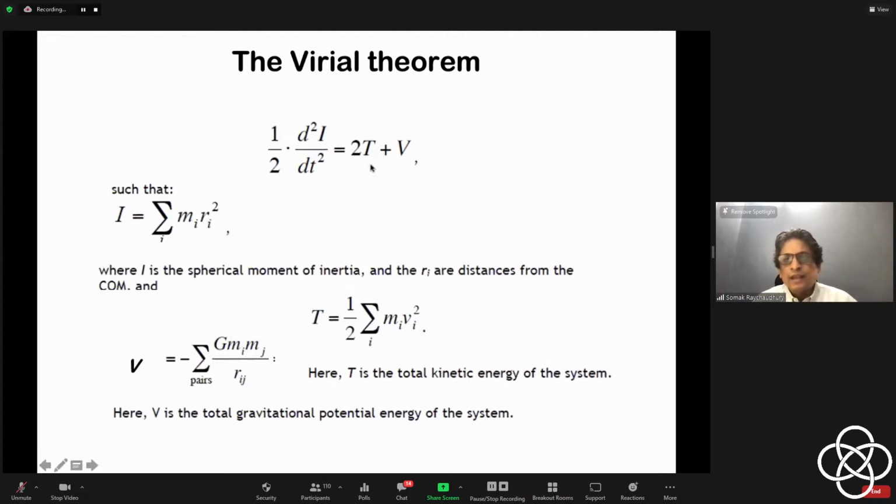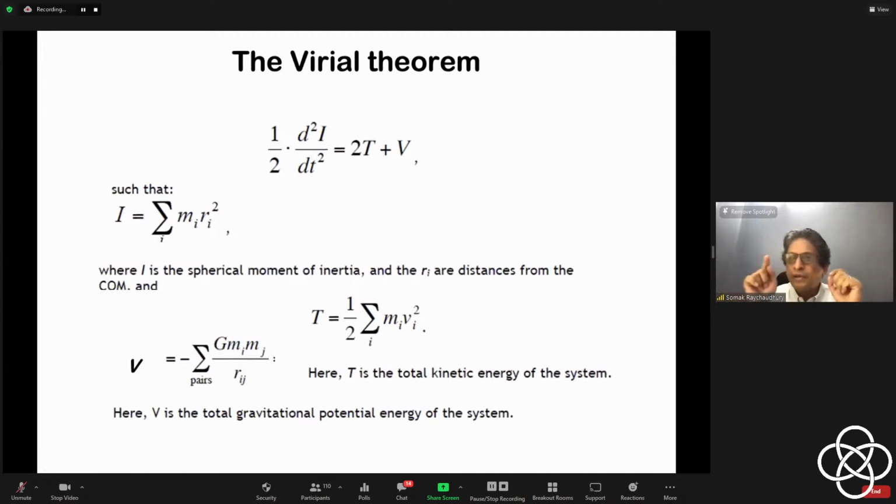So once you have that, say you have a cluster, which you can assume to be spherical, and you have lots of galaxies of different mass in it. Then the total potential energy of this cluster will be V. Total kinetic energy will be just half of m v squared, averaged over all galaxies.